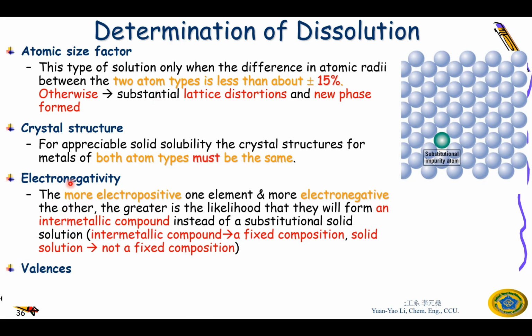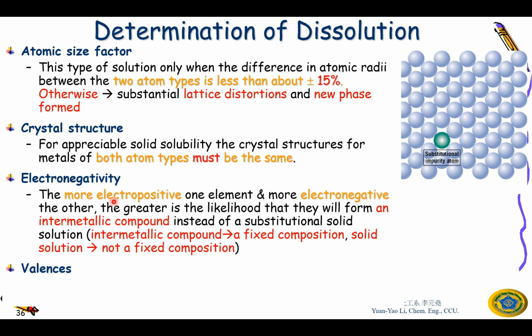The third factor you need to think of is electronegativity: the more electropositive one element is and the more electronegative the other, the greater the likelihood that they will form an intermetallic compound.